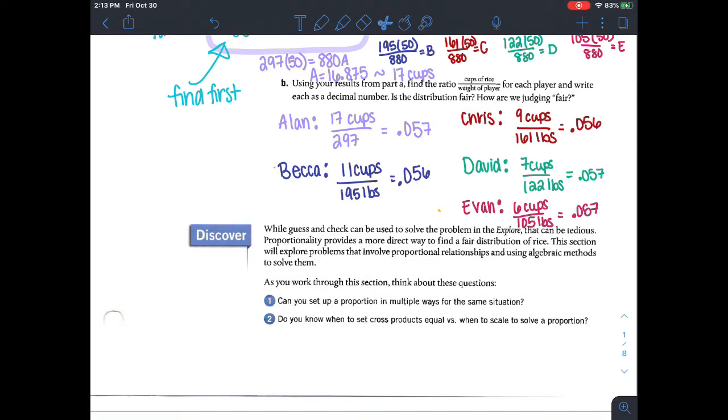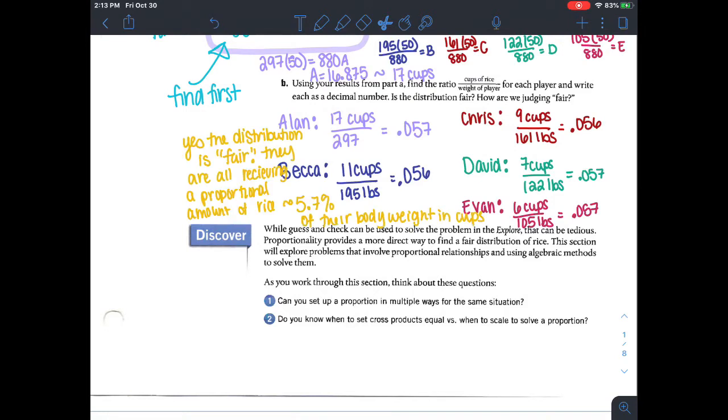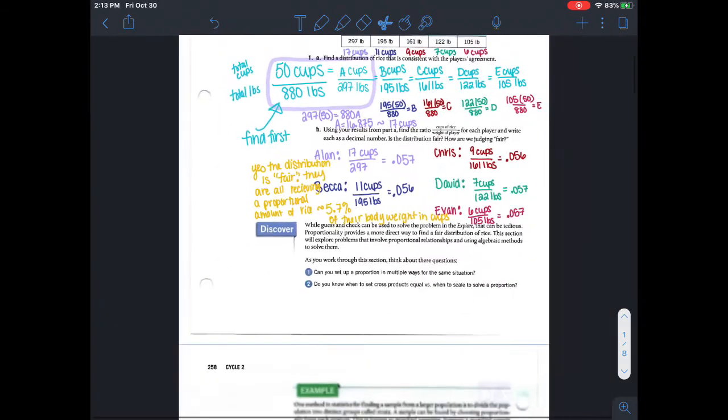What do these decimals mean? This 0.057? Since it was a fraction, I'm dividing, and this gives me a percent. If I converted this all to a percent, then yes, the distribution is fair. They are all receiving proportional amounts of rice, about 5.7% of their body weight in cups of rice.